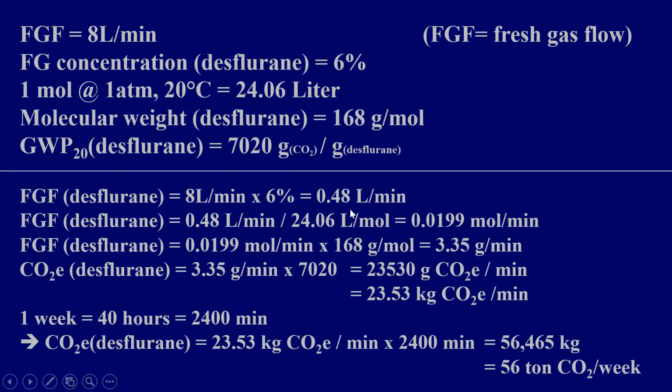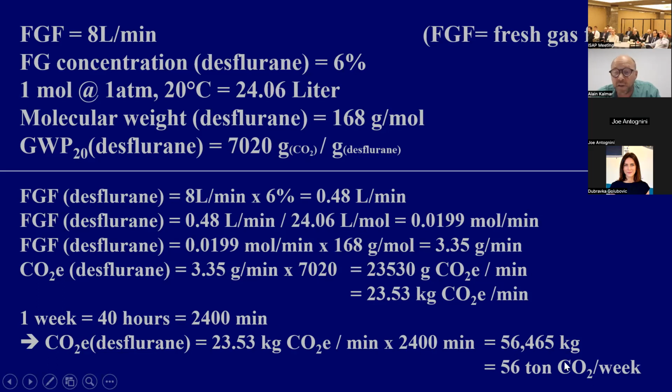This is that much liter pure desflurane gas, which equals 0.0199 mole per minute, or 3.35 grams per minute. And if you multiply this by the global warming potential of desflurane, this is 23 kilograms of CO2 equivalents per minute. There are 2,400 minutes in a week. So this type of anesthesia emits about 56 tons of CO2 per week.